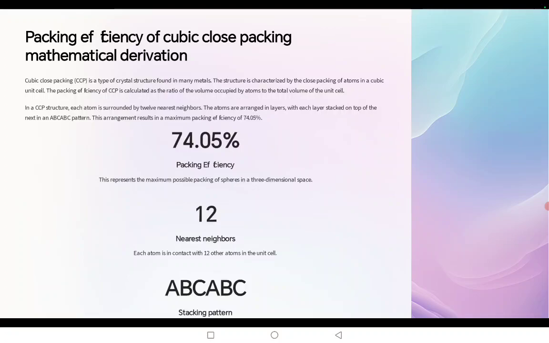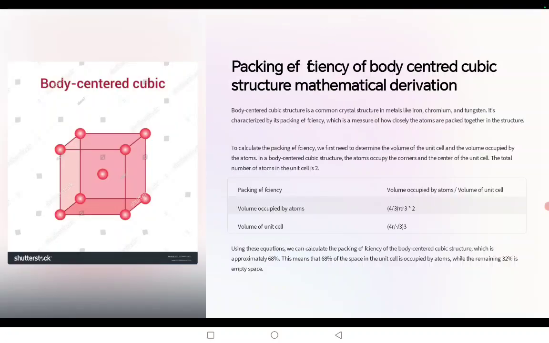The packing efficiency is nearly 74.05%. This represents the maximum possible packing of spheres in three-dimensional space. Each atom is in contact with 12 other atoms in this unit cell.